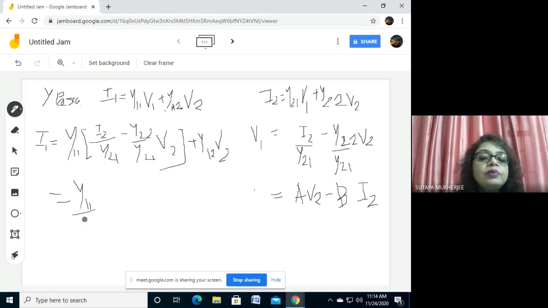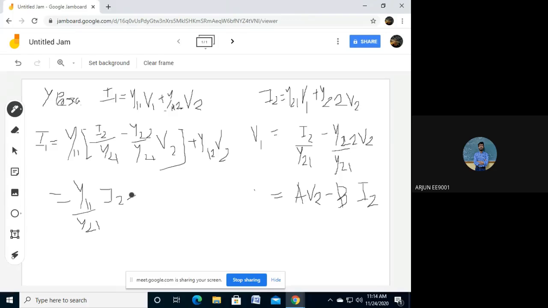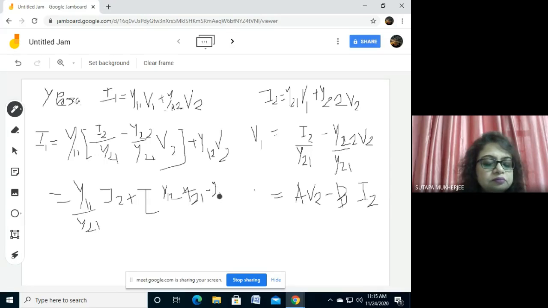Y11 by Y21 into I2 plus, here we get Y12 minus Y12 into Y21, Y12 into Y21 minus Y11 into Y22, whole divided by Y21.